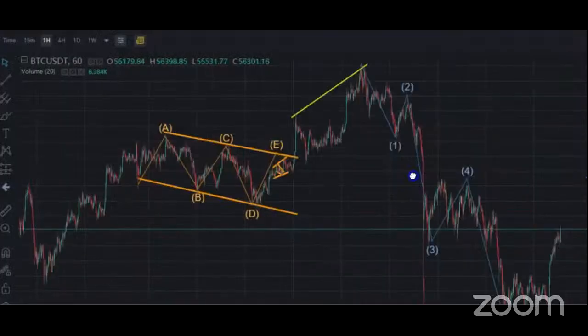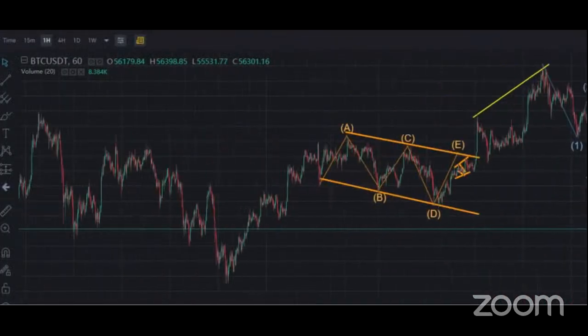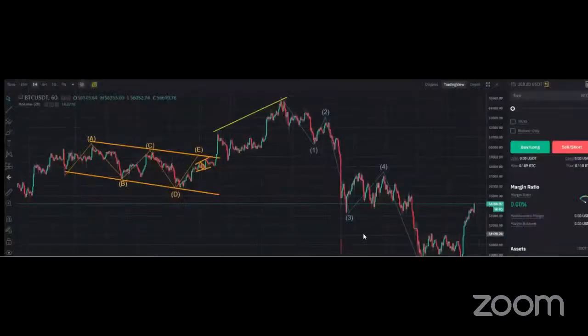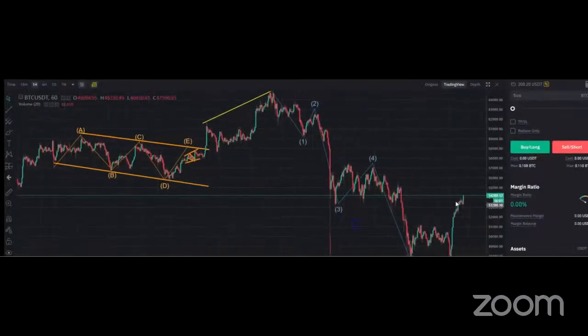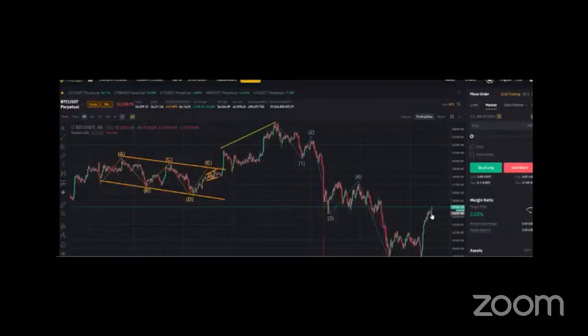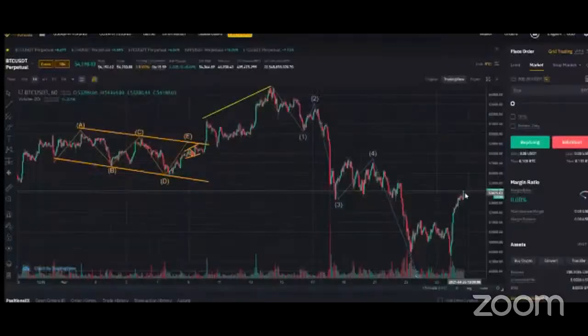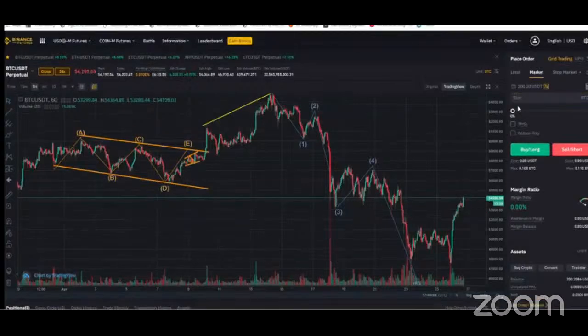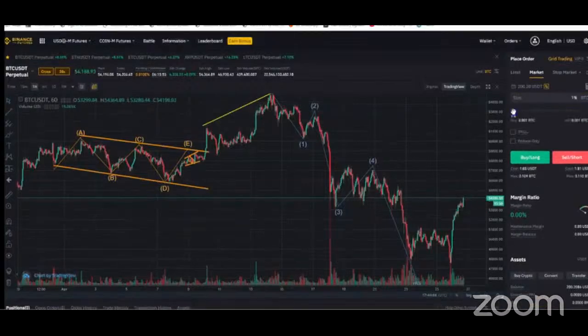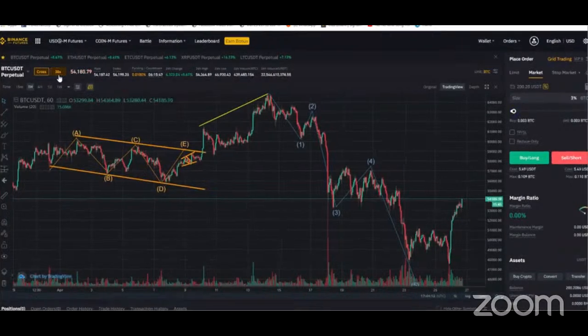Okay, so we are on the Binance page right now, and let us assume that we have done our analysis and we want to take a trade, and we've been able to see that price wants to go up. So I'm going to quickly take a trade right now. Our leverage is 30 times, which is not bad, and then we are risking just 3% or 5%.